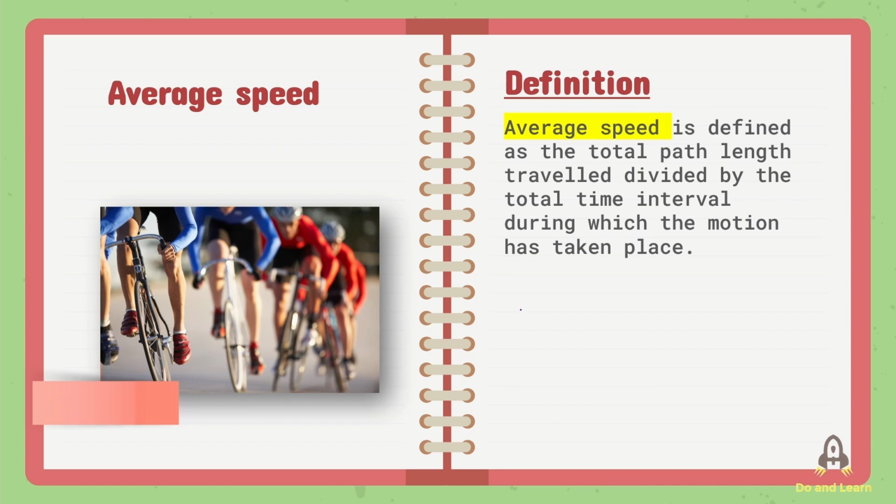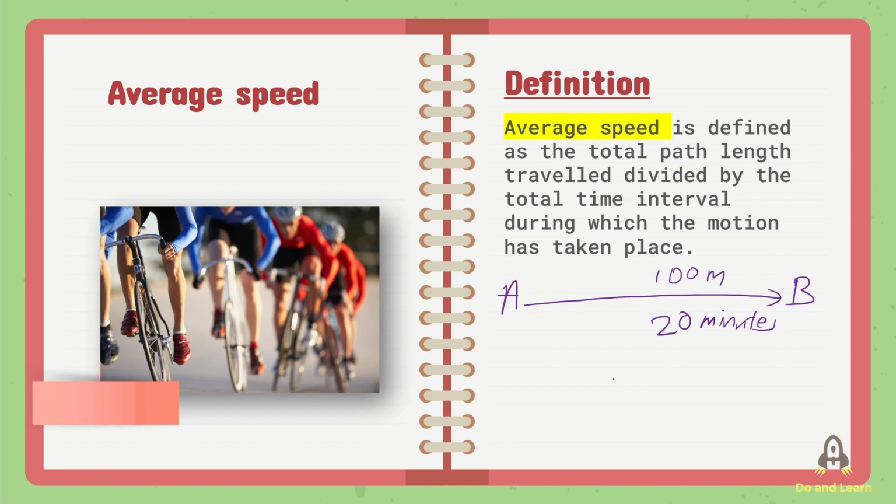Suppose we are traveling from one place to another, A to B, we will consider the total distance, say 100 meter, and the total time, say 20 minutes. We will consider total distance and total time.